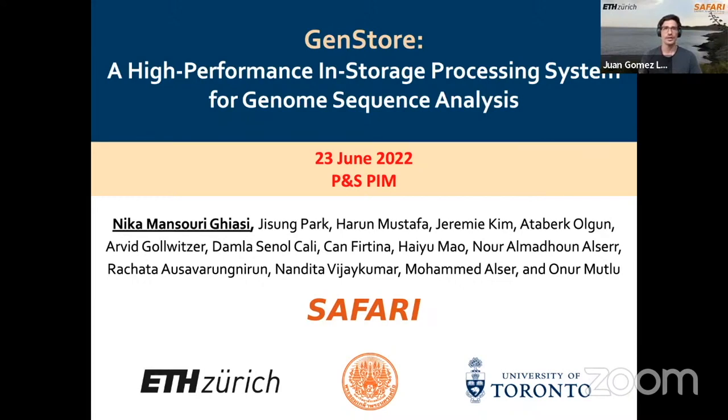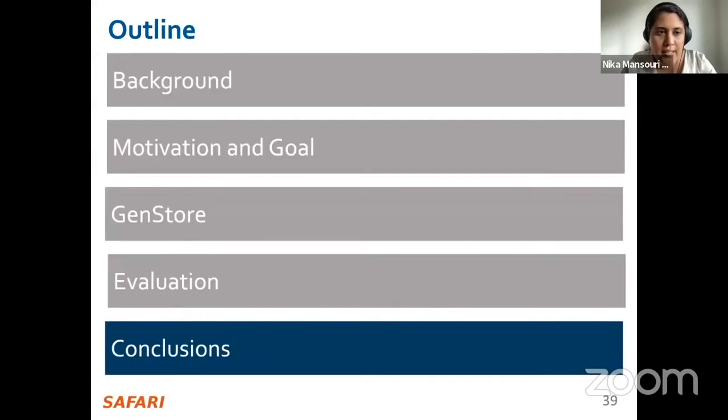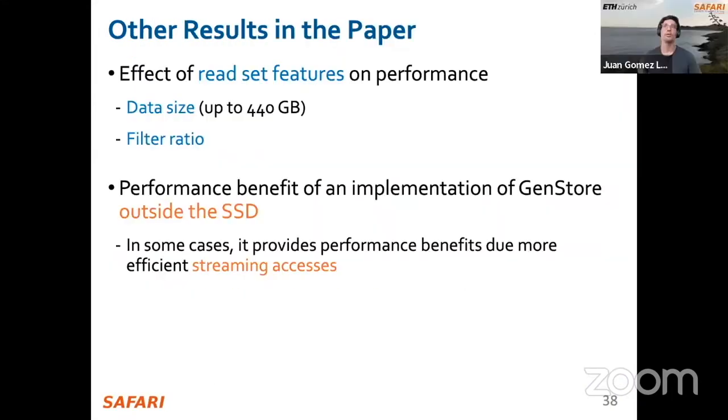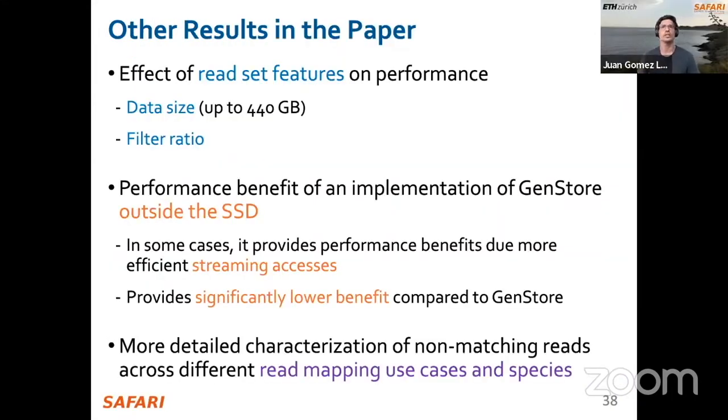I don't see any questions in the chat, but I would like to ask you a couple of things. You mentioned that in the paper you have included evaluation of GenStore on different devices. Different devices? You mean storage devices? No, I mean you said outside the SSD. Yeah, so that's on a CPU.